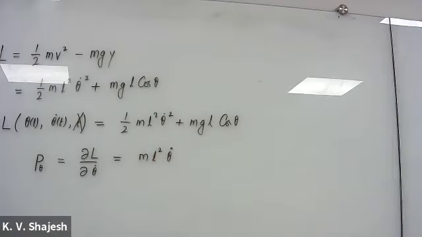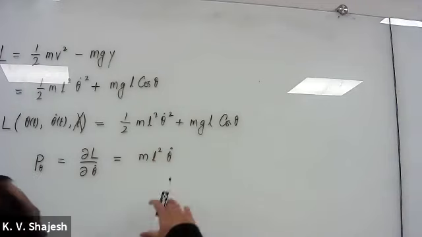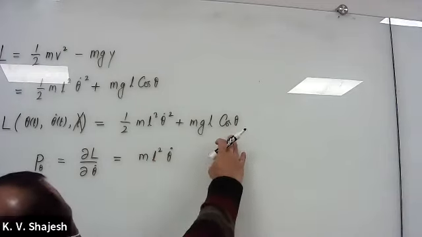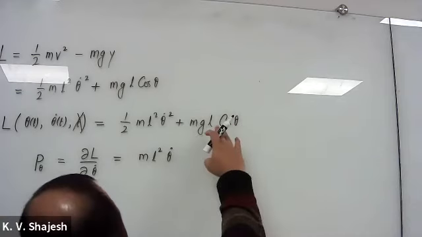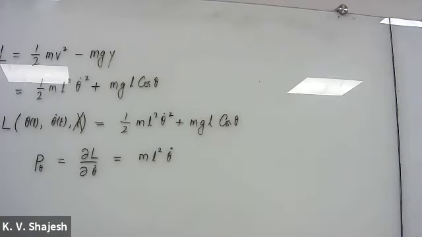That's your angular momentum, if you were to think of it from the old classical or standard definitions. There is no theta dot expression in the second term, so that doesn't contribute in there.